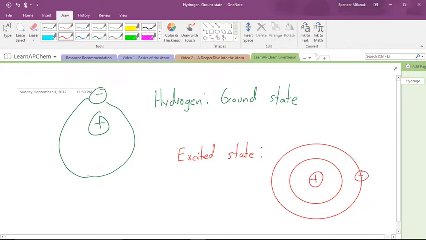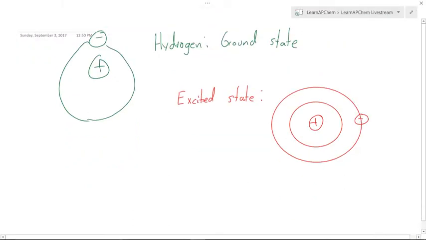Okay, there. So here would be an example of hydrogen in the excited state. Its electrons are not in the lowest possible energy level. This electron here is at n equals 2, but it could go to n equals 1. N equals 1 is unoccupied. So this is what we mean by ground state versus excited state. We're talking about, are our electrons in their lowest possible energy level?